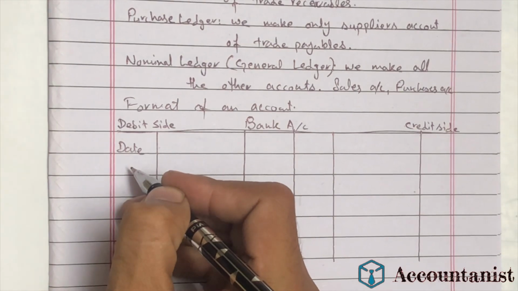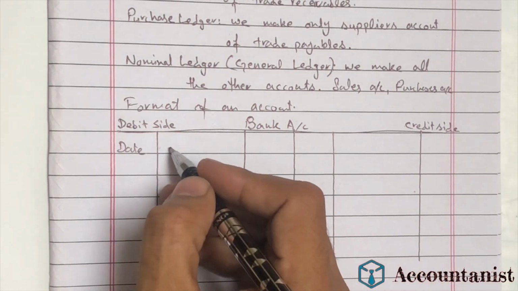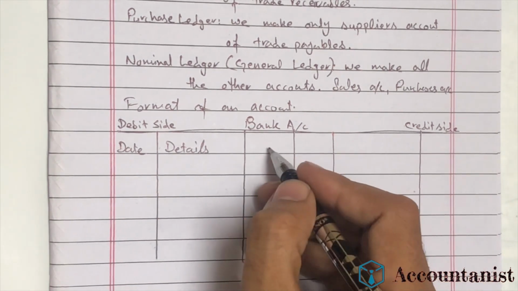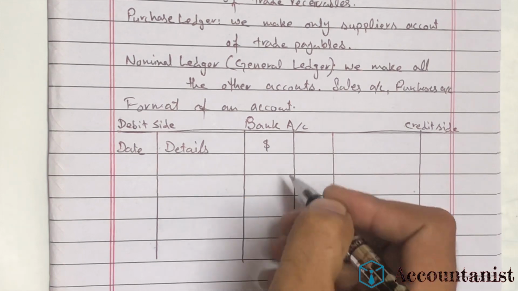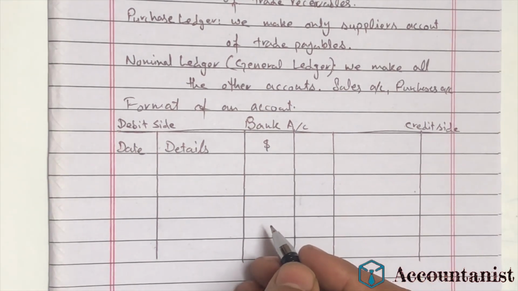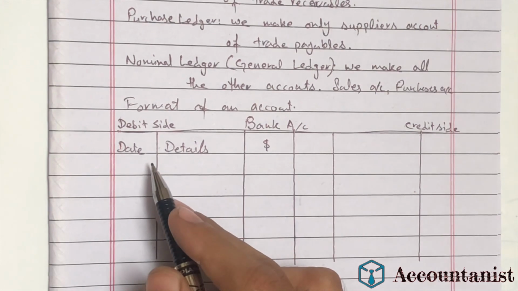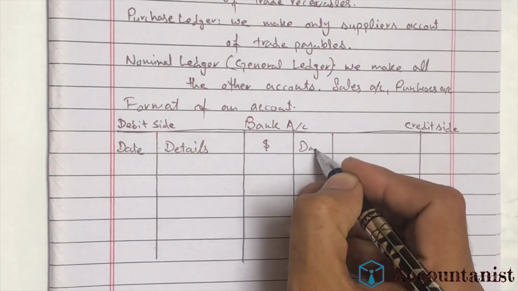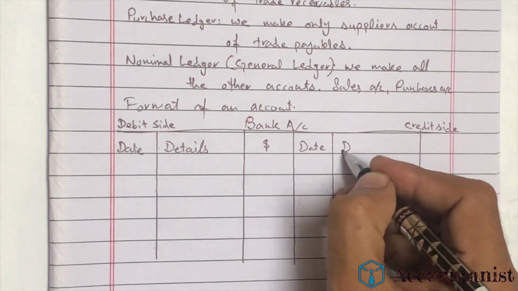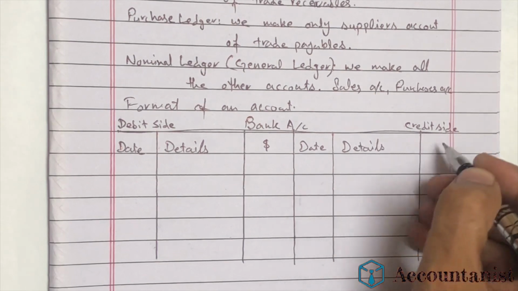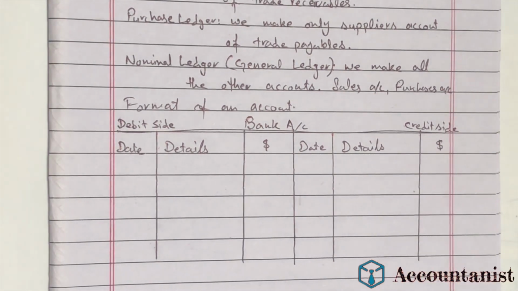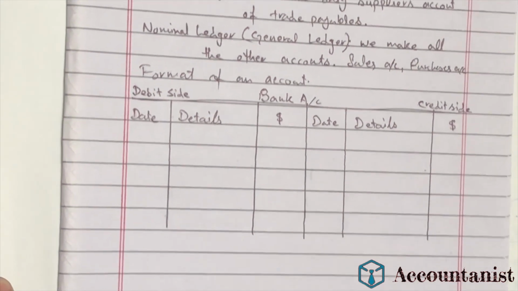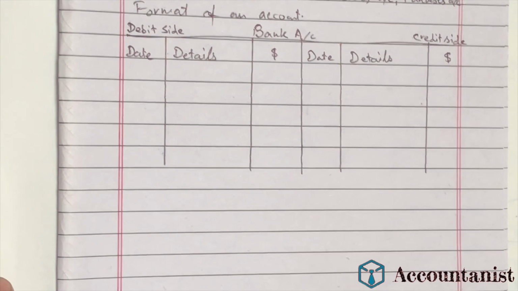The second column, we record the details. In the third column we record the amount. That is the date, details and amount of the debit side. On the credit side, the same columns: date, details and amount.